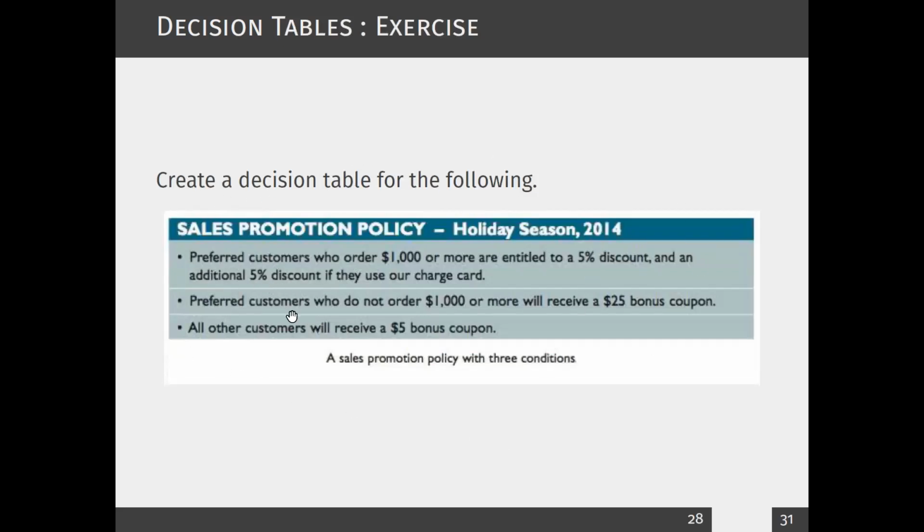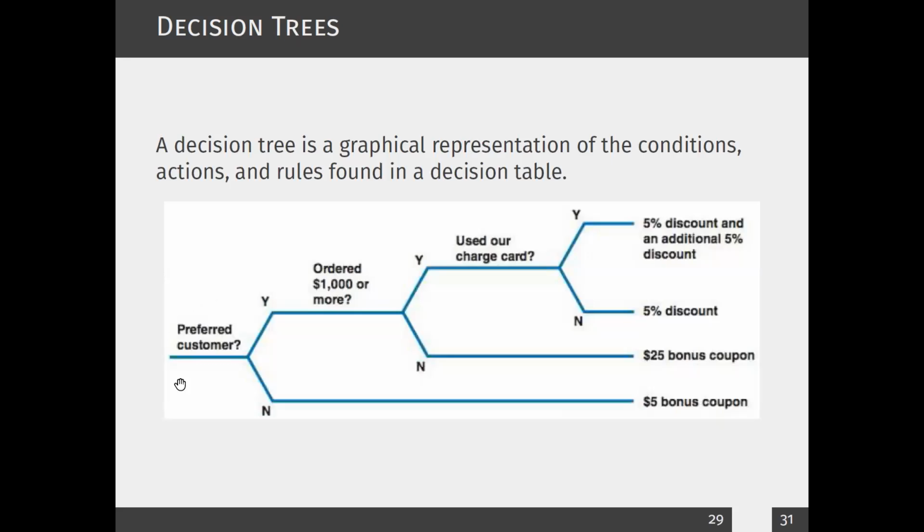for this problem. And what you see here is the same thing that we have discussed there. We put it up as a decision tree. So here are the conditions. Now remember, our first condition was whether person is a preferred customer or not. If person is a preferred customer, we have to ask more things.